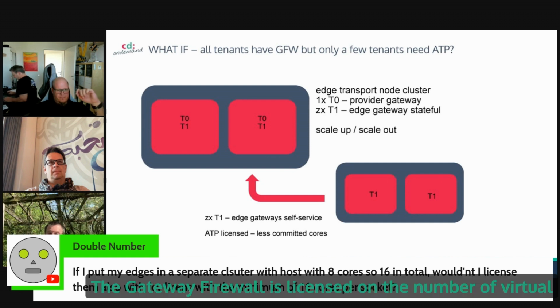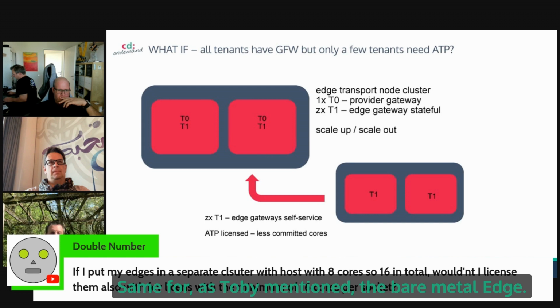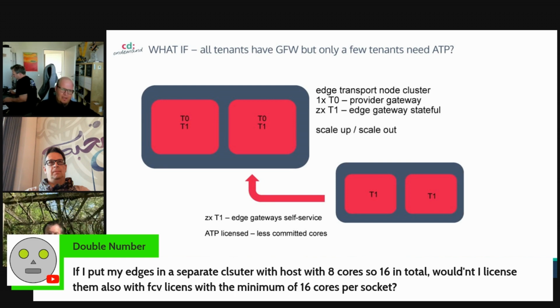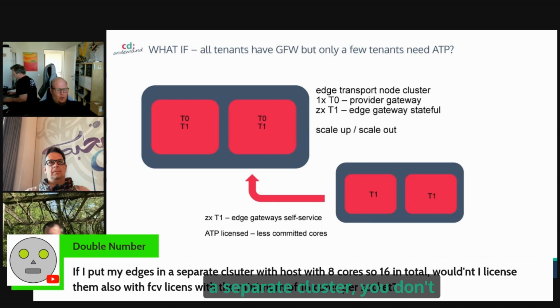The Gateway Firewall is licensed on the number of virtual CPUs the edge transport node has configured times 4. Same for, as Toby mentioned, the bare metal edge. You just count the physical CPUs times 4, and that's the Gateway Firewall license. But one add-on on that, Matthias, if you run your edges on a separate cluster, you don't need to take this cluster in the count for the VMware Firewall add-on.